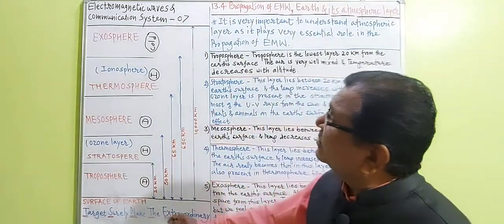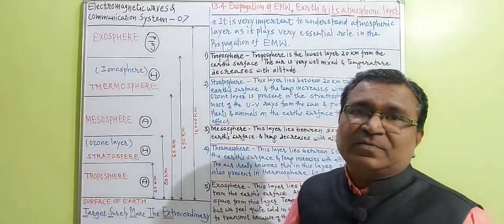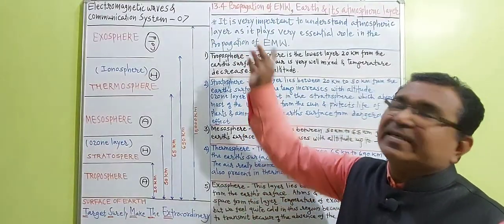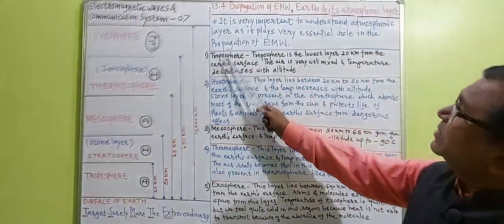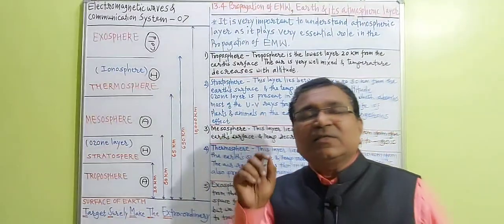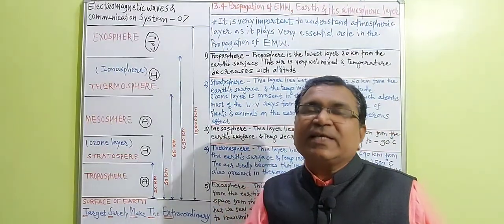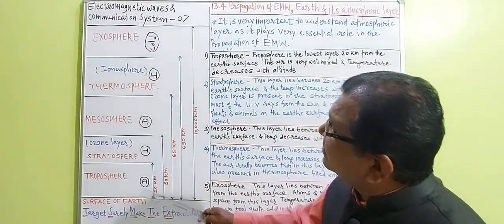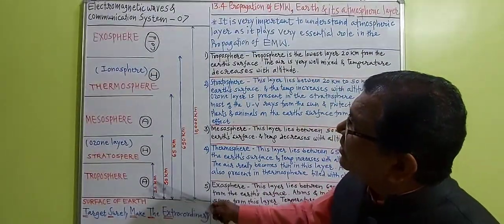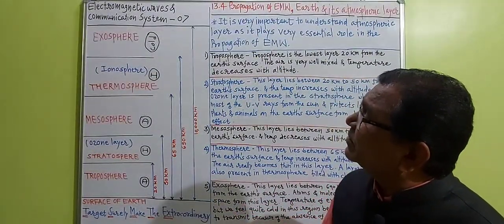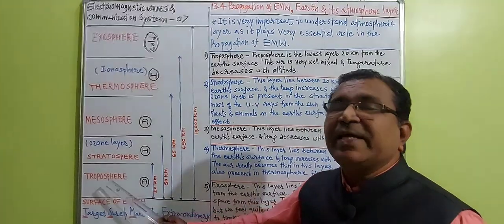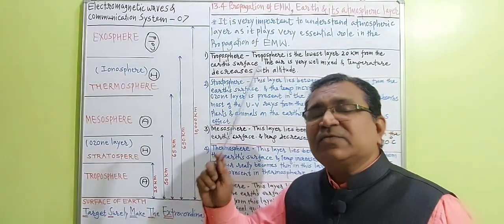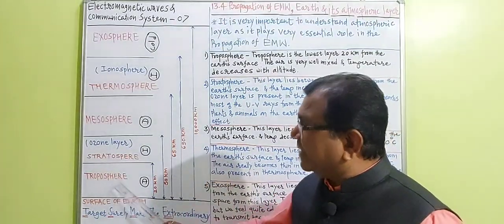Number 1, troposphere. This is the lowermost layer that I have written here. Troposphere is the lowermost layer from the Earth's surface, which is at 20 km from Earth's surface, and most of the air is very well mixed in this layer.